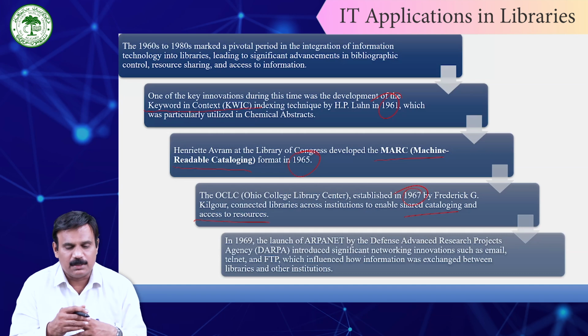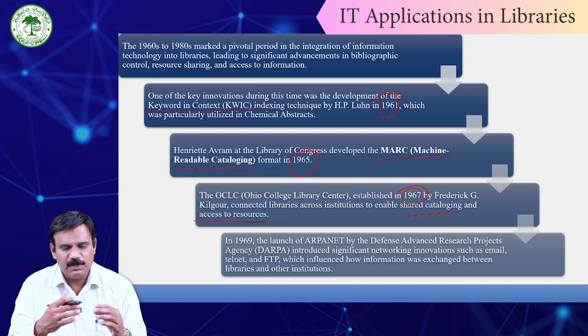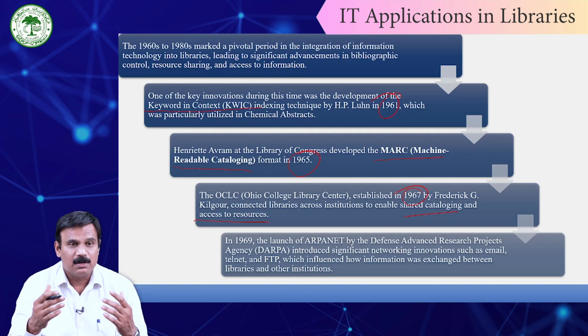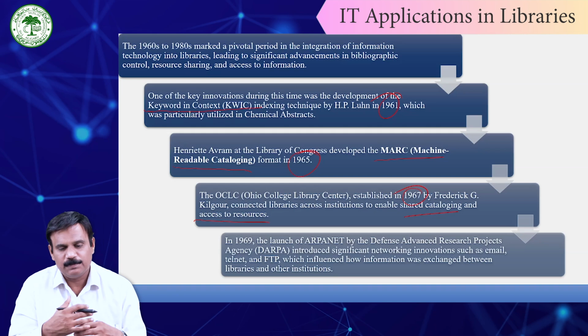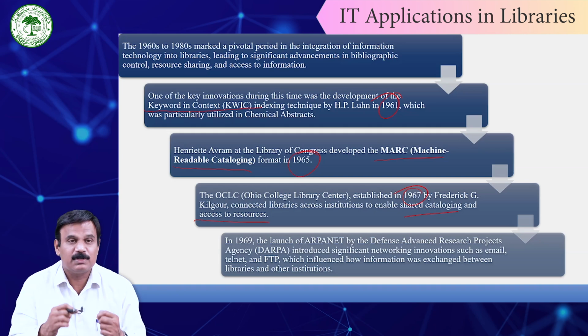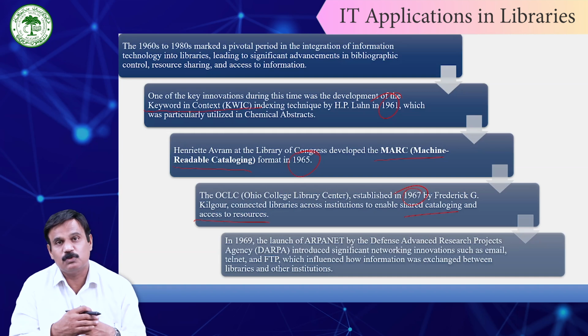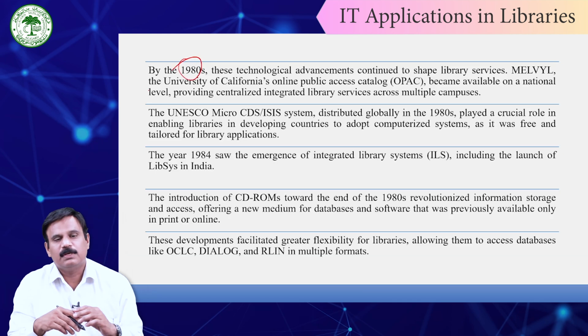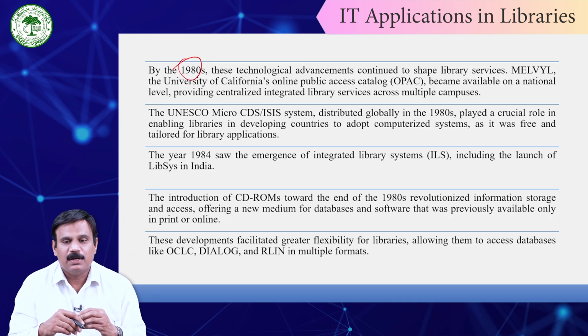In 1969, the Defense Advanced Research Projects Agency, DARPA, launched ARPANET, introducing significant networking innovations such as email, Telnet, and FTP, which influenced how information was exchanged between libraries and other institutions. By the 1980s, these technological advancements continued to shape library services.